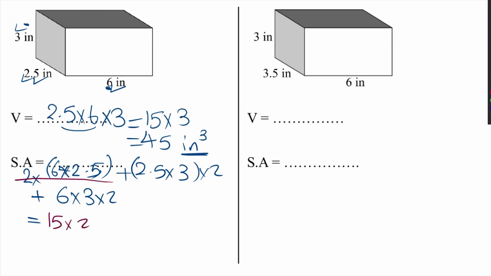We finish the first term. Second term. 2.5 times 3 is what? It is 7.5. 7.5 times 2 is 15. Plus 6 times 3 is 18. 18 times 2 is 36.